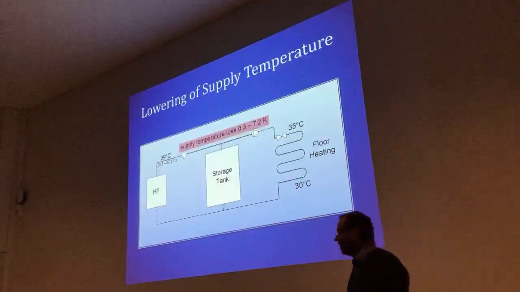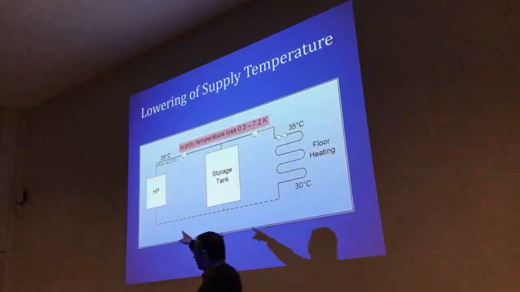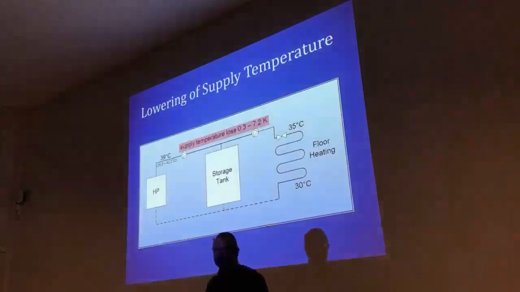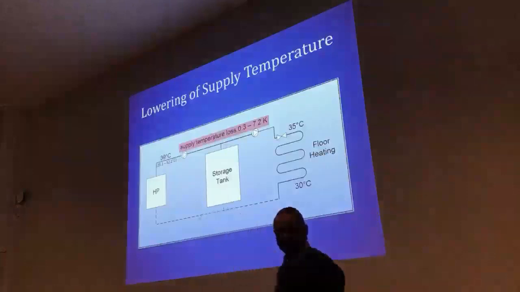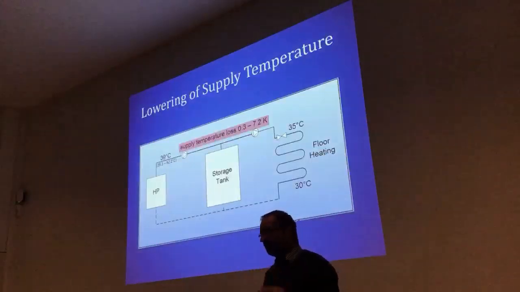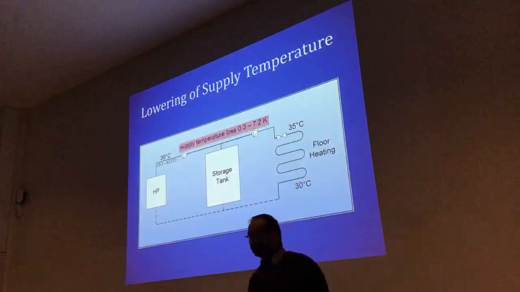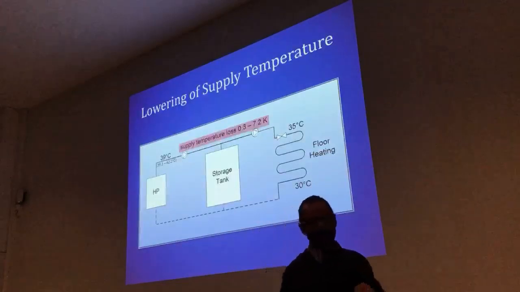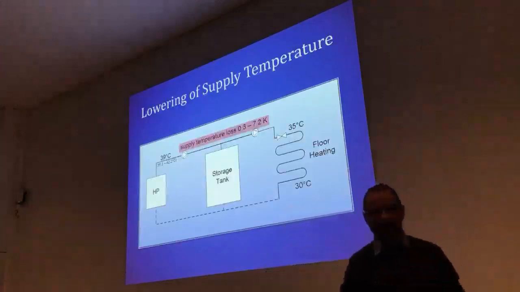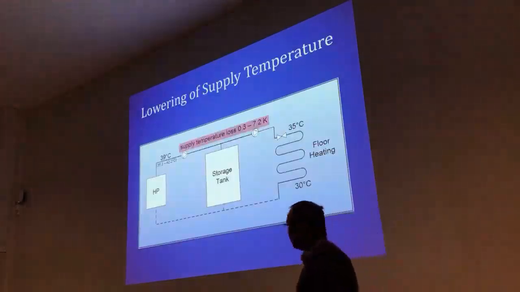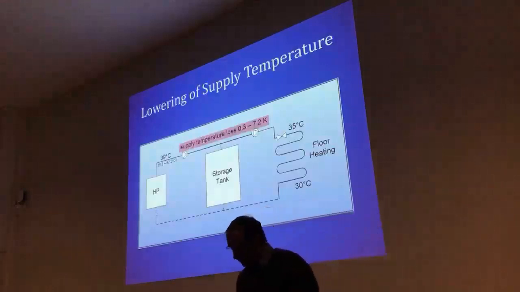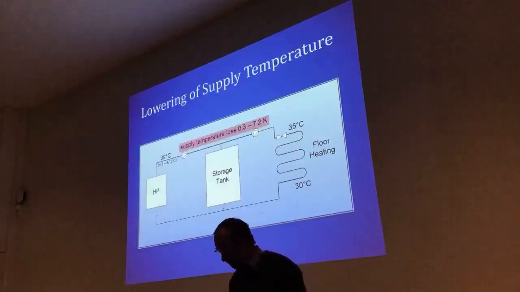That means the water left the heat pump with a temperature 7 degrees higher than the water arriving at the consumer. And I will point out here, the temperature loss was not due to energy losses of badly insulated piping, it was due to other problems. And that was the reason for our further investigations.